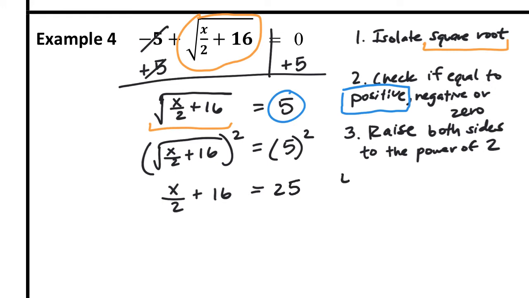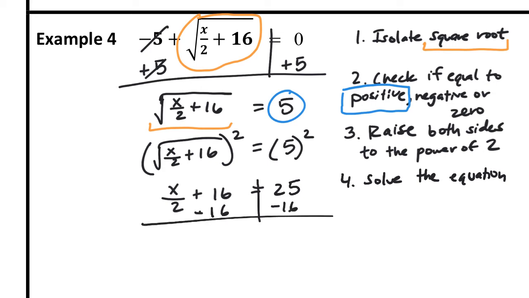And then step 4, solve the equation. So I'm going to subtract 16, get x over 2 equals 9.